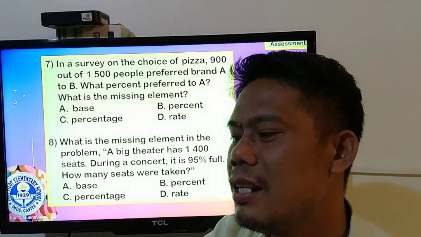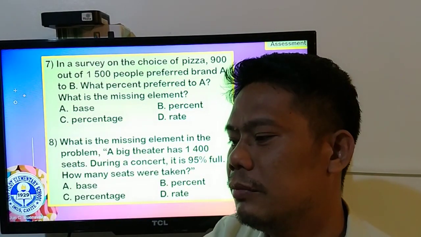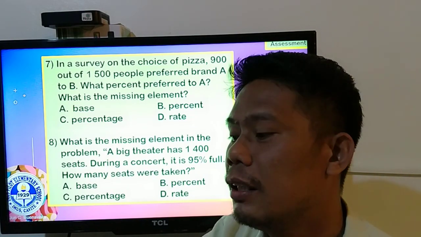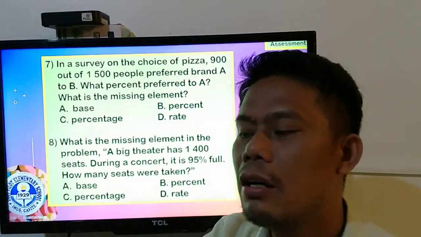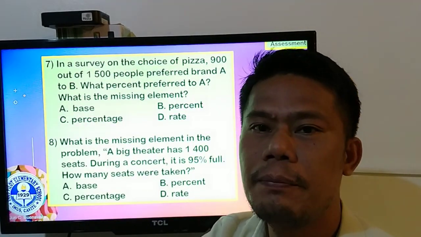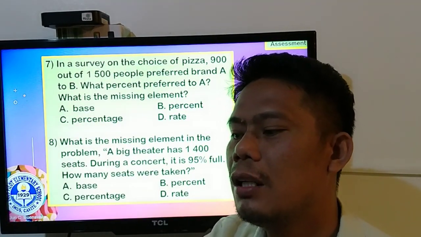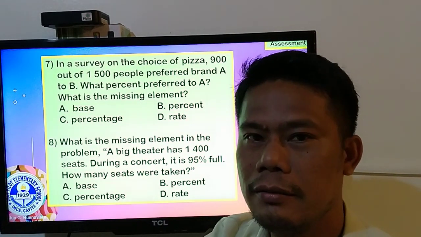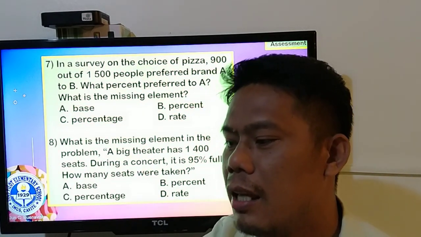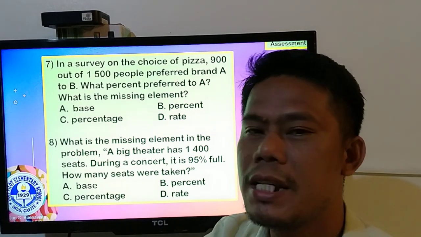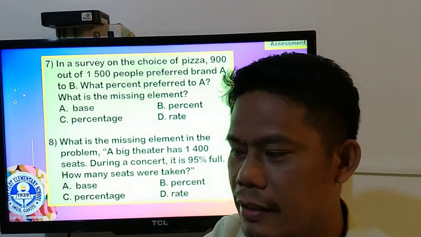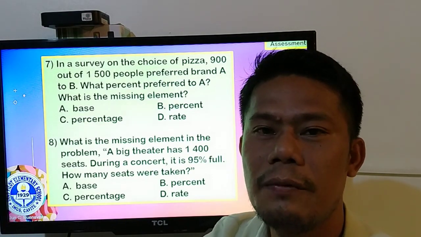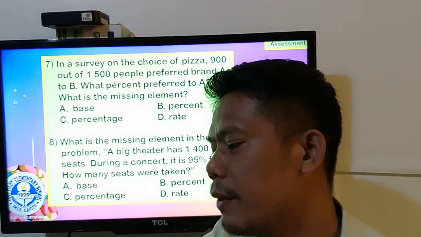What is the missing element in the problem? A big theater has 1,400 seats. During a concert, it is 95% full. How many seats were taken? A. Base, B. Percent, C. Percentage, D. Rate. Again, you're going to identify what is the missing element.